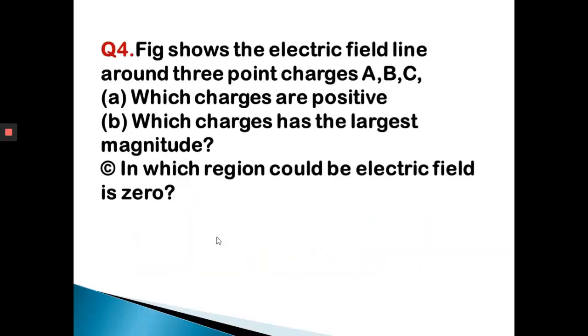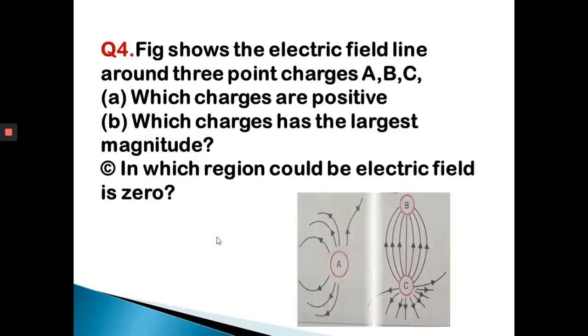Next one, figure shows the electric field lines around 3 point charges A, B, C. Which charges are positive? Which charge has the largest magnitude? In which region could electric field be 0?